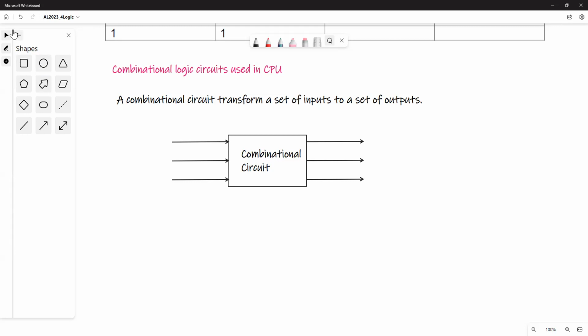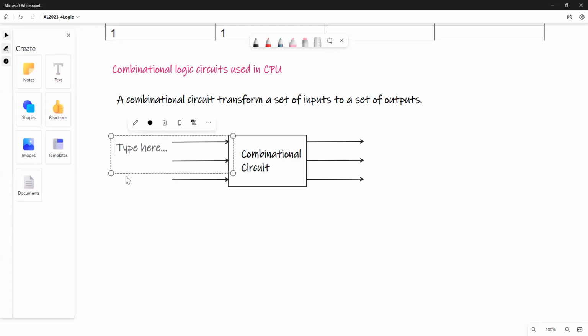So we can have, I'm going to say present. The term present means you will realize we can say present inputs.